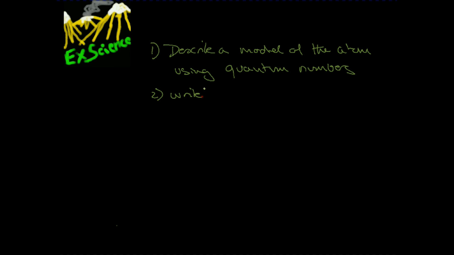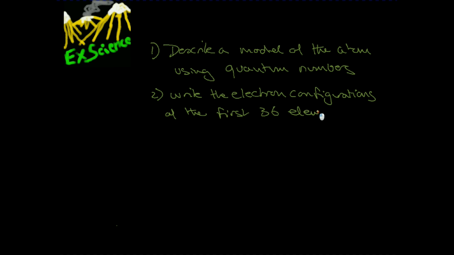Write the electron configurations of the first 36 elements in the periodic table.